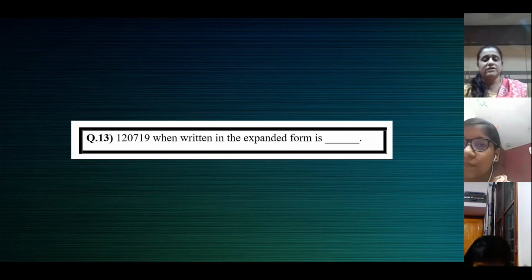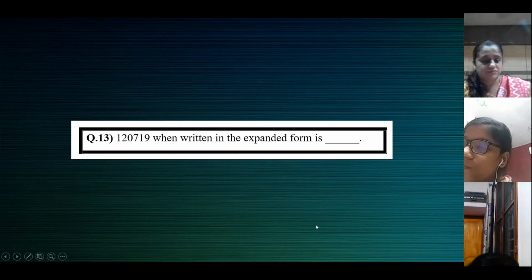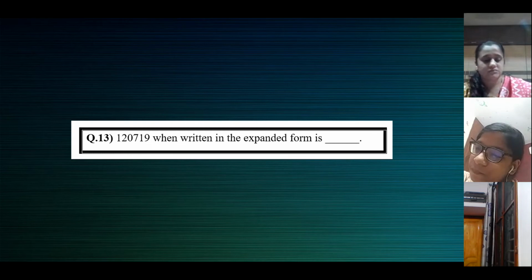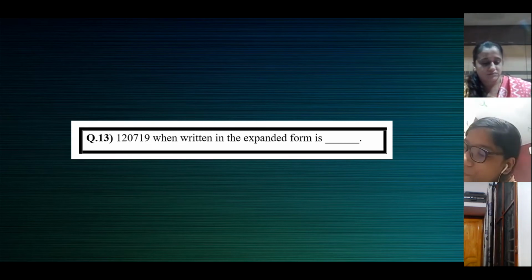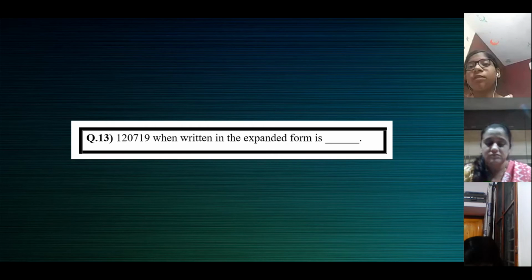This number in the expanded form. From Indian system only, ma'am.